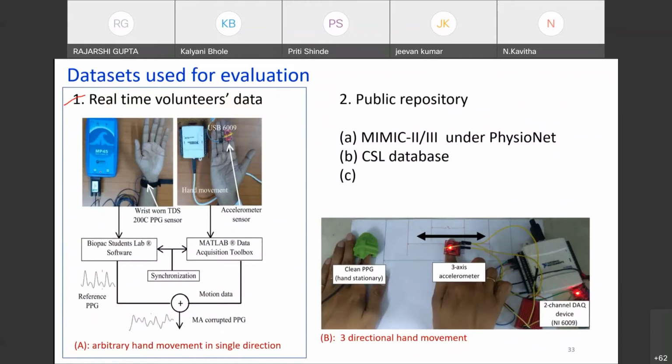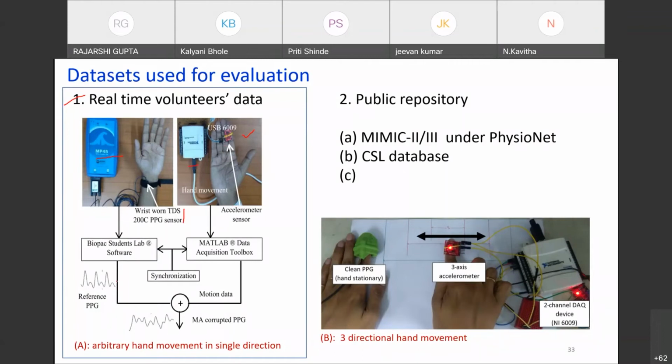So the basic idea was that we are using a BioPac MP45 two-channel data acquisition system, and this is one wrist-worn PPG sensor. And on the other hand, that is the right hand, we have used a 3-axis accelerometer sensor, and from that data, using a simple National Instruments DAQ card, we have simultaneously acquired the data.